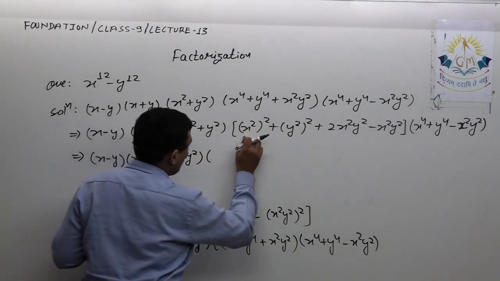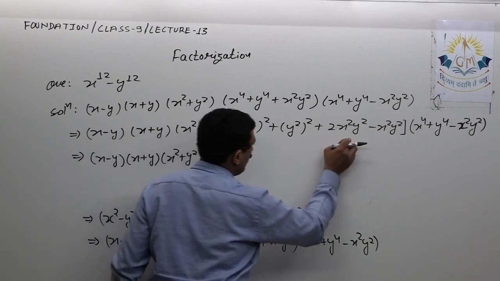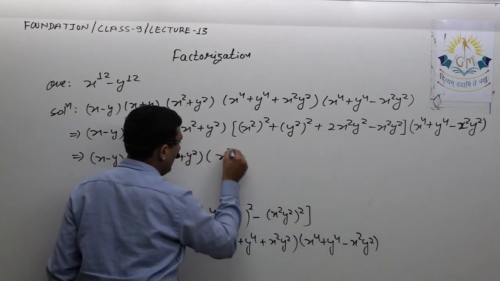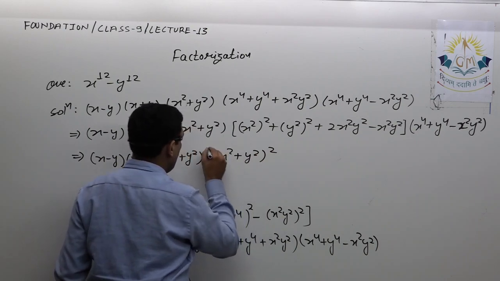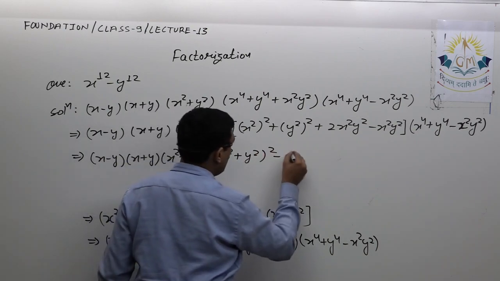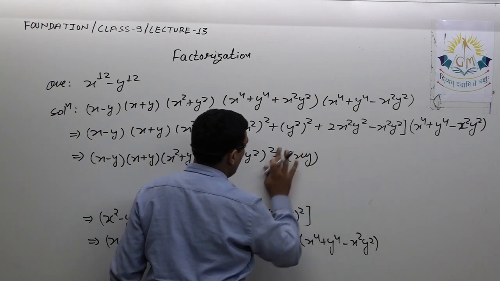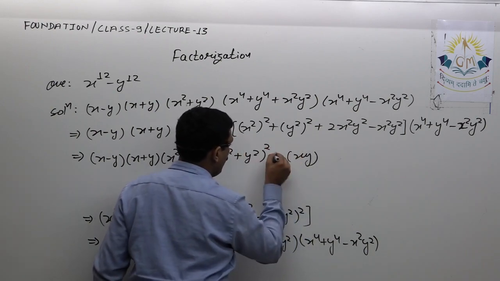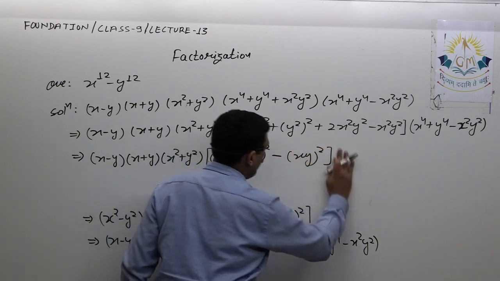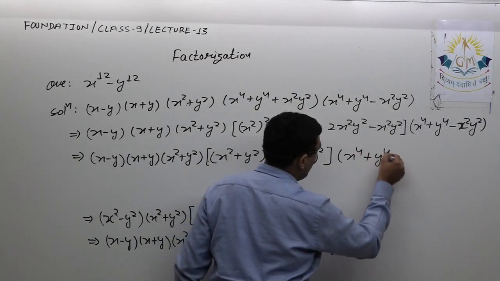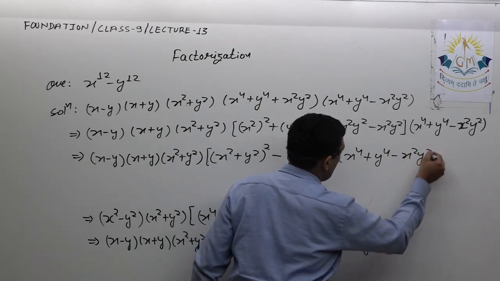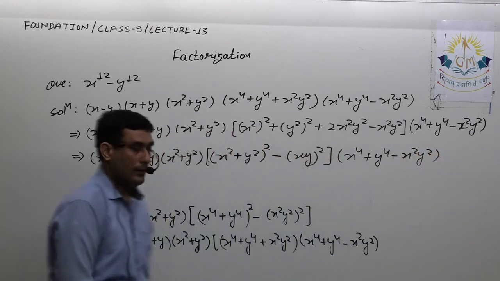Now this a square plus b square plus 2ab, that is a plus b whole square, minus xy whole square. This x raised to 4 plus y raised to 4 minus x square y square.